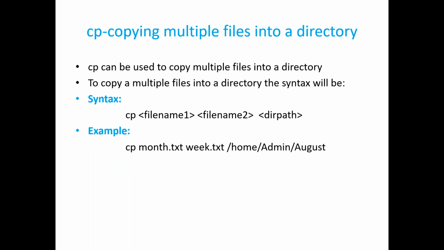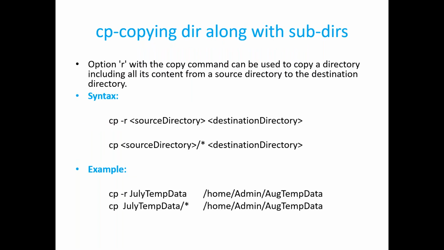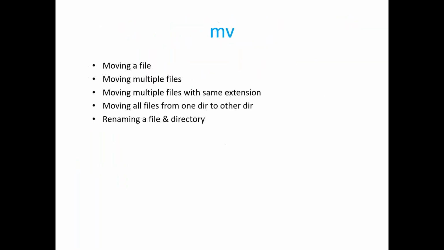We have also seen how to copy multiple files into a directory, how to copy files based on the extension as well, and how to copy the contents from one directory to another directory.